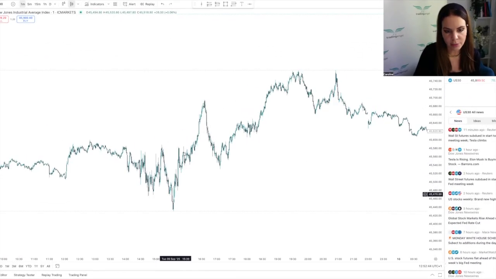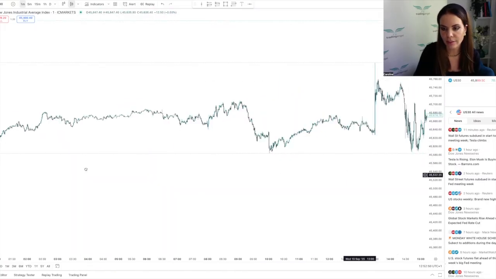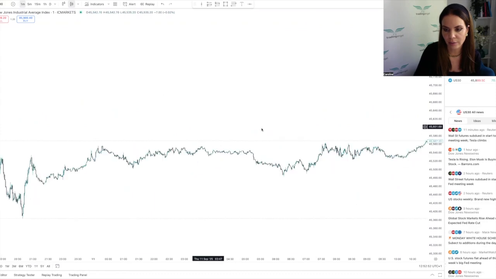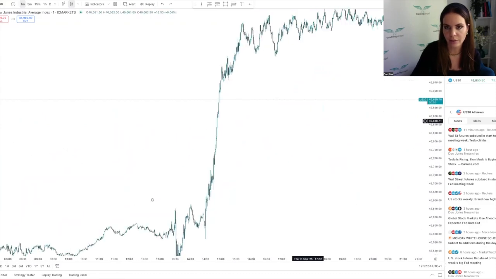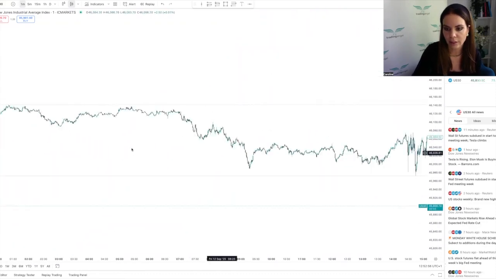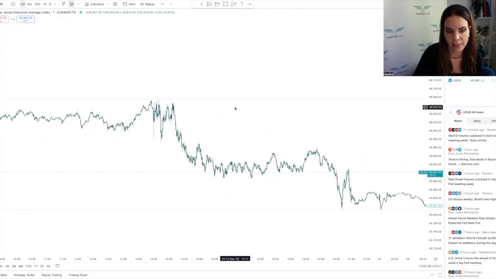In this example here, there actually wasn't a great consolidation. I'm going to go forward to a future date where I think we had a nice example of this. On this example, can you see that the first move of the session was this move that went down here? And then the range that was formed, can you see it went on for several hours?